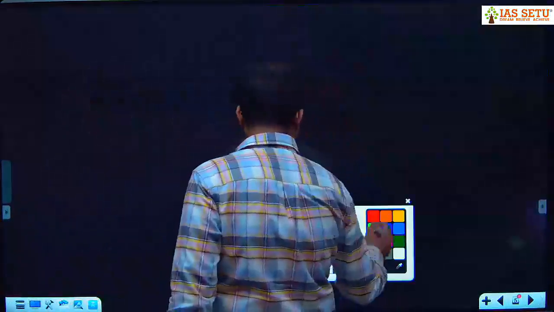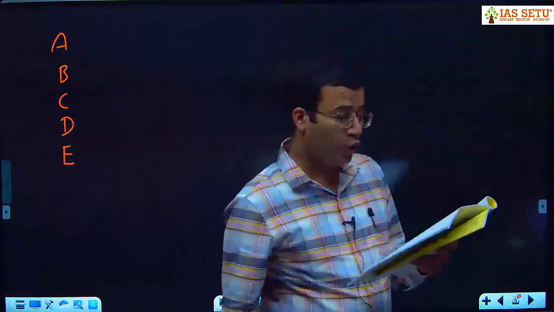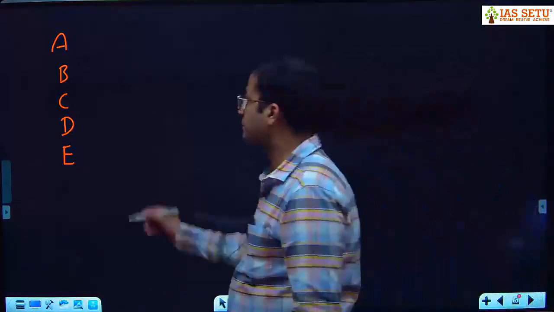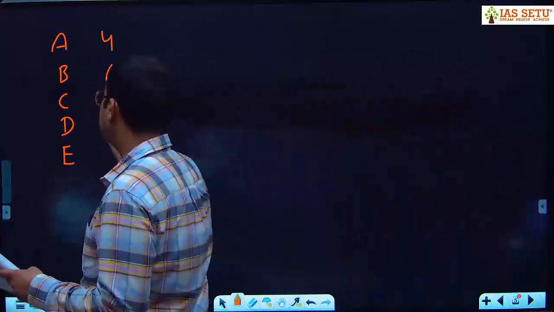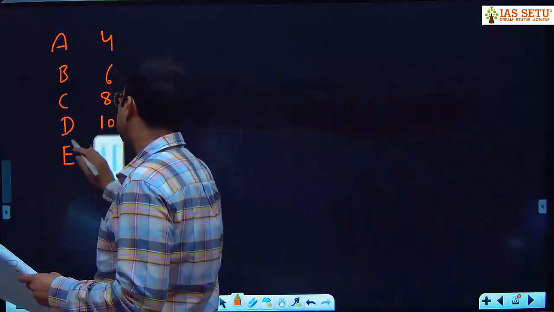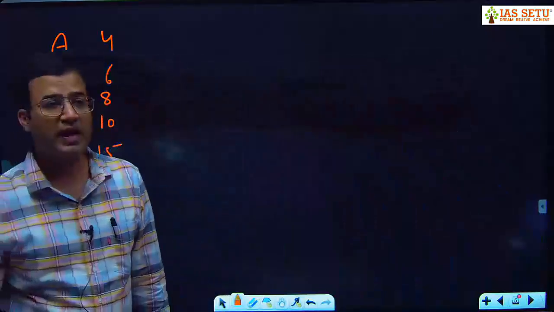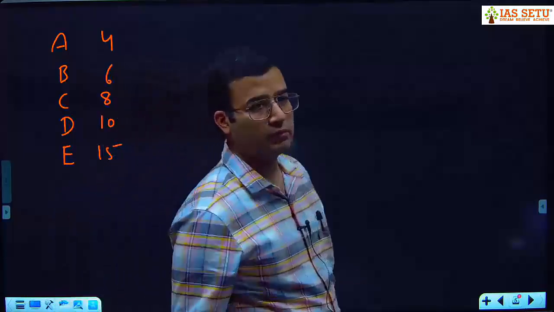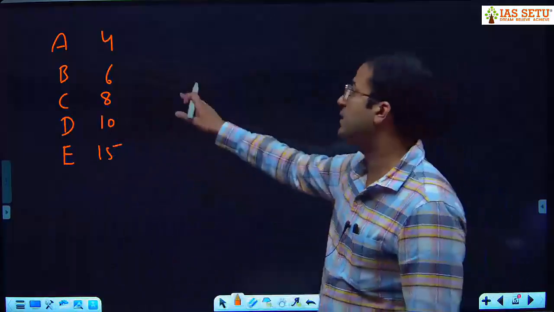5 bells, like here A, B, C, D, E, toll at intervals of 4, 6, 8, 10 and 15 seconds respectively. So it means bell A tolls at intervals of 4. At 4 seconds, 8 seconds, it's like multiples of 4.